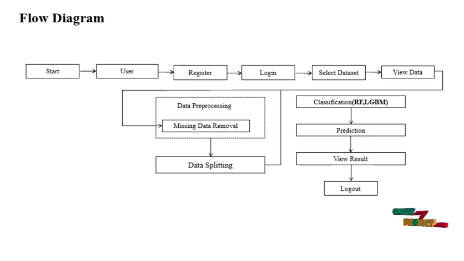Now let's see the flow diagram of this project. Initially the start page will be displayed, in which the user needs to register using a username and password. After successful registration, the user needs to log in using the credentials. After a successful login, the user will load and select a dataset and view the data.